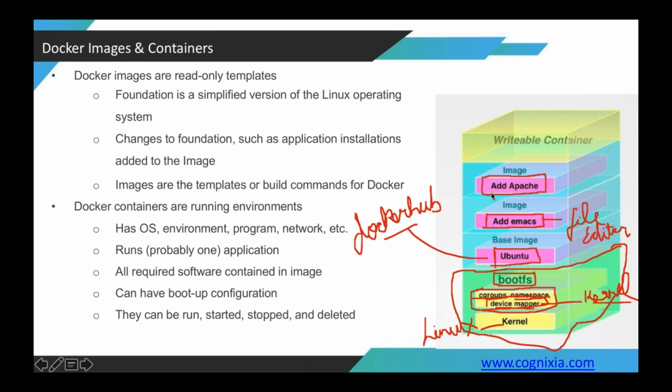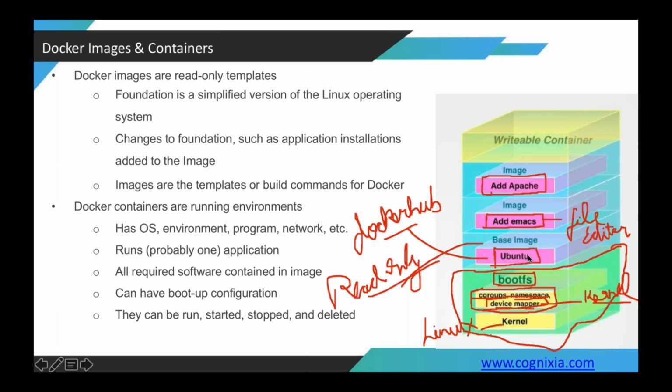Now here the important part comes into the picture. The base image that we downloaded from the Docker Hub is a read only image. This is read only, so you are not changing the image.